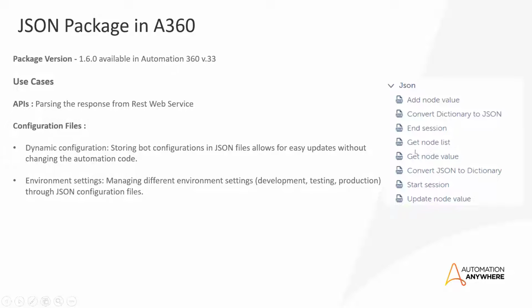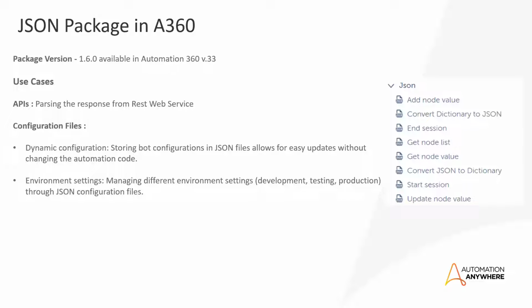If you're taking the same example, at the root level, if you need the order ID, you need a single value from the JSON response. You can go for get node value, pass the path, that is the key here, and then you will get the value.